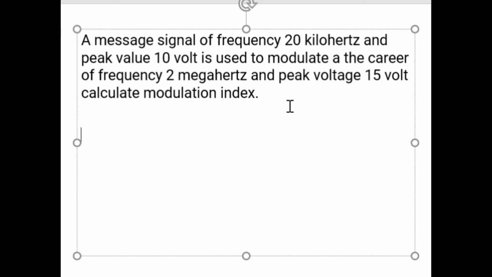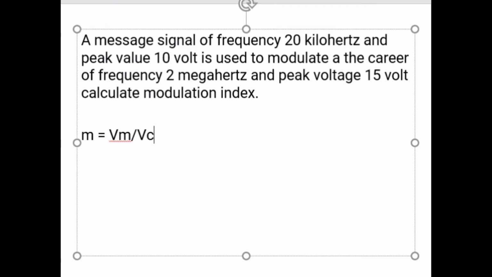So in this question, it asks you to find the modulation index, which is small m, sorry, equal to the modulating voltage over the carrier voltage. This is the equation if you want to find the modulation index.